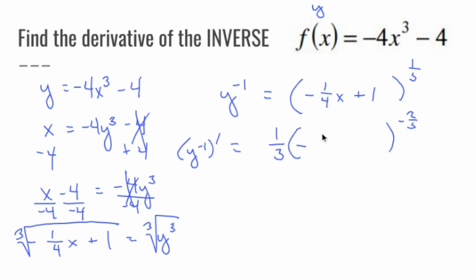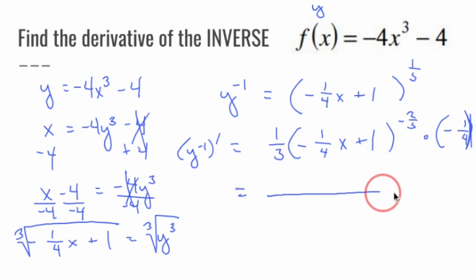Keep the inside, so negative 1/4 x plus 1, and then multiply everything by the derivative of the inside stuff. The derivative of negative 1/4 x is just negative 1/4. Plus 1, nothing. So let's clean this up a little bit.